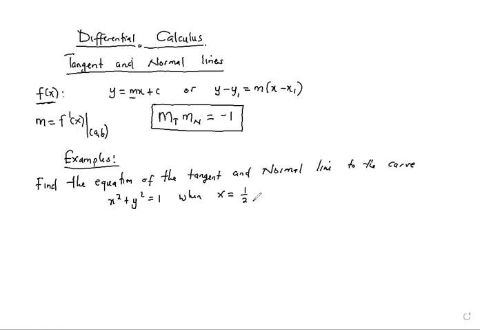So find the equation of the tangent and of the normal line to the curve x squared plus y squared is equal to 1 when x is equal to half.